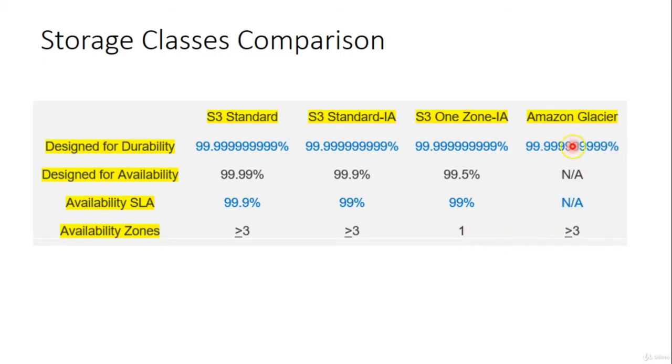Okay, now let us go to Glacier. What happens here? Durability is 11 nines, and availability is, I mean, you cannot have real-time access of your data when you have stored it in Glacier. The number of availability zones where it is replicated is equal to or more than 3.